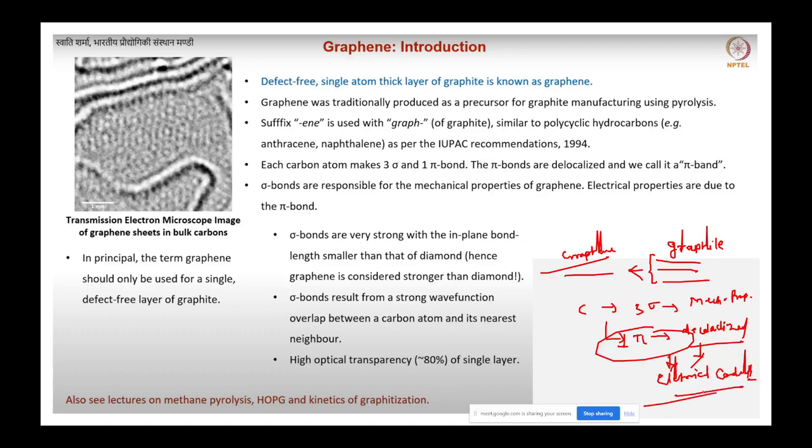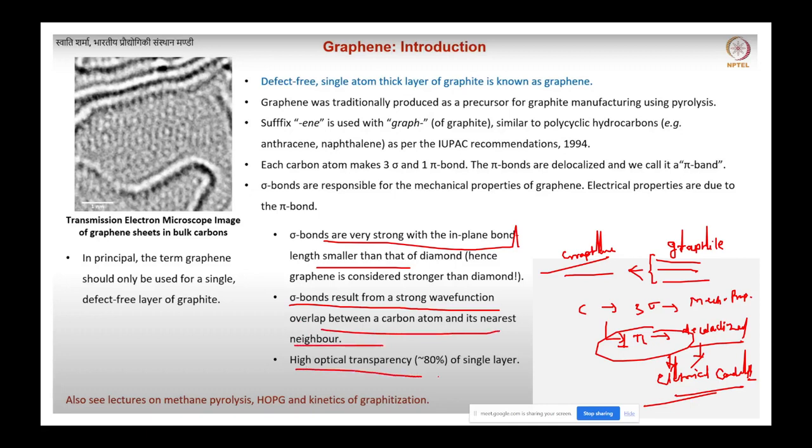The sigma bonds are very strong, with an in-plane bond length smaller than that of diamond. Hence, graphene is considered stronger than diamond. The sigma bonds result from a strong wave function overlap between a carbon atom and its nearest neighbor.